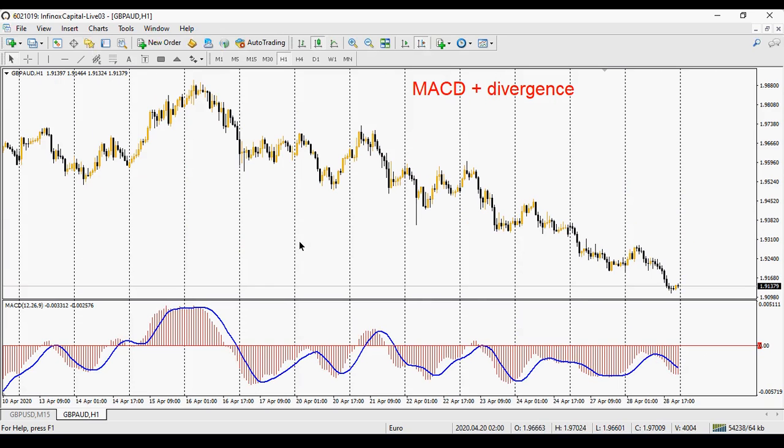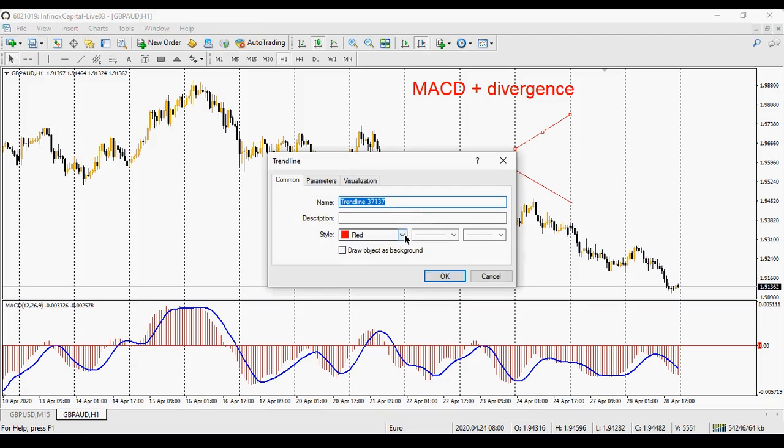In this strategy, we're looking at when there's a divergence between price and MACD. Divergence means price is moving in one direction and the indicator is moving in the opposite direction. It simply means that very soon price is going to turn in the direction of the indicator. Example: if price is going up and the indicator is going down, that is divergence.